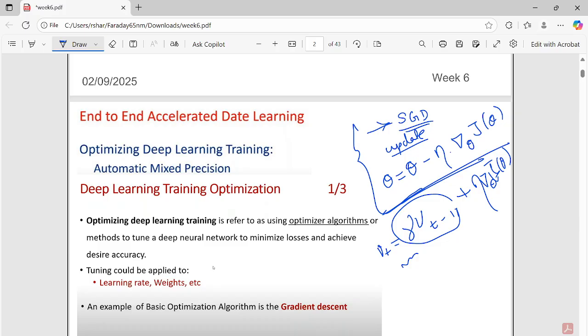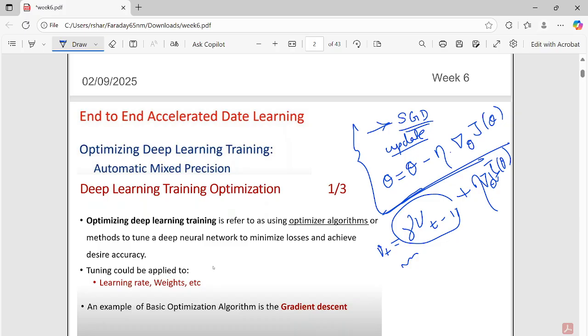Then we have the Adam optimizer, adaptive moment estimation, which combines momentum and RMSprop and maintains an exponentially decaying average of the previous gradients and their squares. So this Adam optimizer has faster convergence, and it's a commonly used optimizing technique.